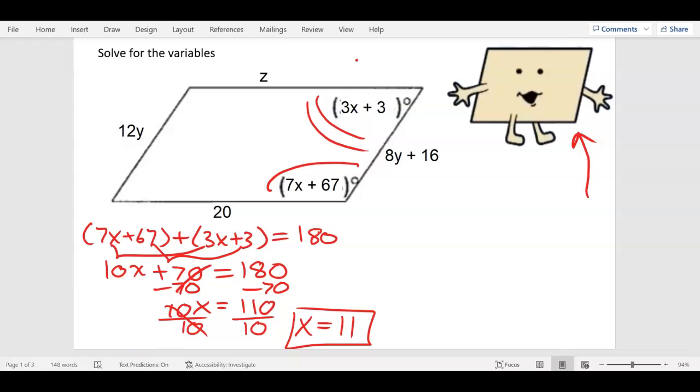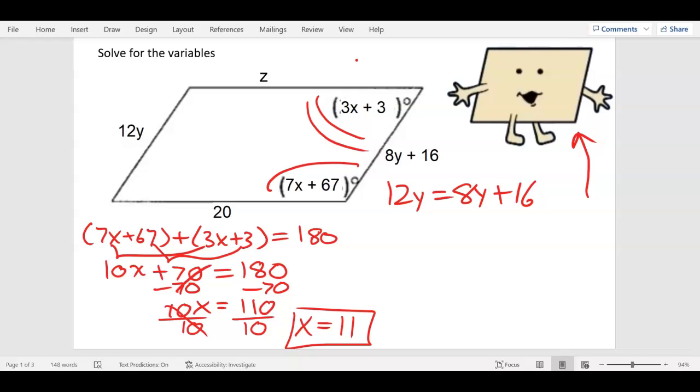12y and 8y plus 16 are equal, so you set them equal. Here's how you write it. 12y equal sign 8y plus 16. And now, y is on different sides of the equal sign. So instead of combining them, this is where I get rid of the smaller one. Which y is smaller, 12y or 8y? 8y.